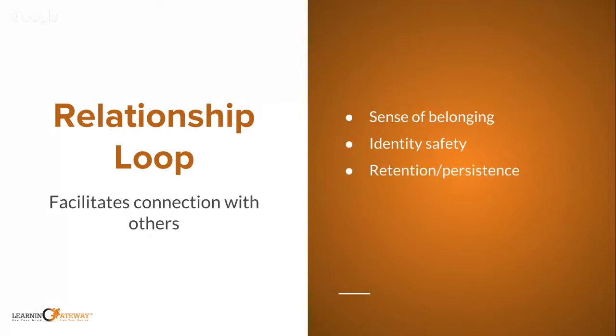Obviously, along with that, it can help with retention and persistence. And then relationship loops can also provide a sense of social proof. I've used this example so many times, but I, as a professor, can make a recommendation to a student and they'll look at me and say, okay, yeah, that sounds interesting.